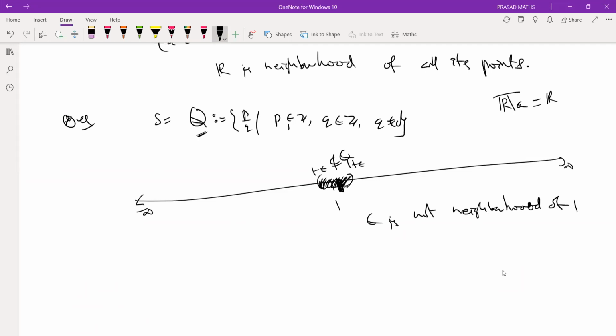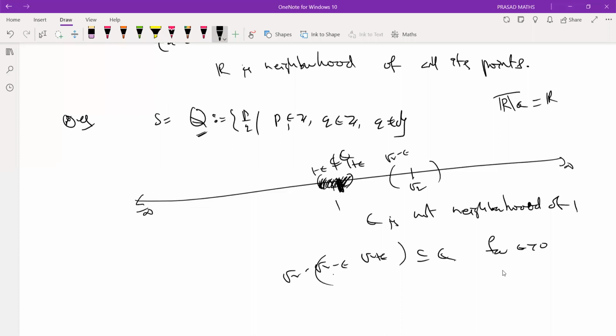Okay, suppose you take root 2. Is Q a neighborhood of root 2? Again, the same strategy. Actually, root 2 itself is not a point of Q. Is it possible for some epsilon? No, right?